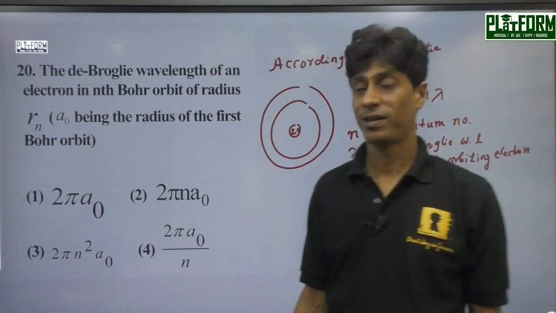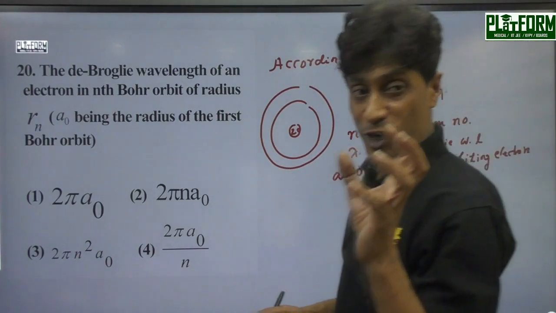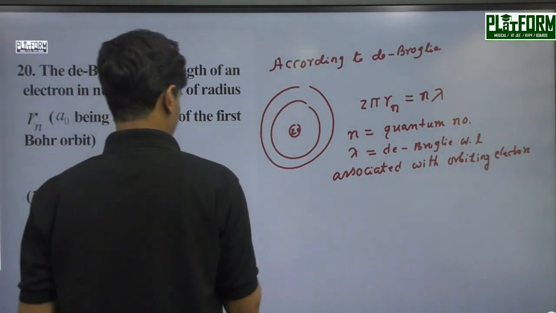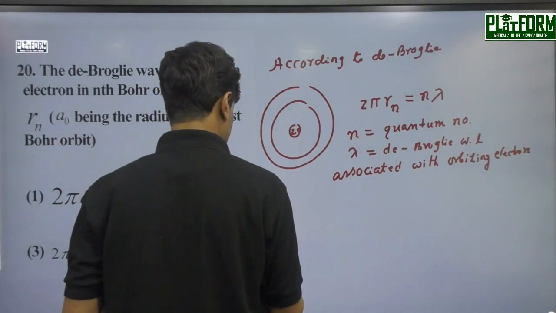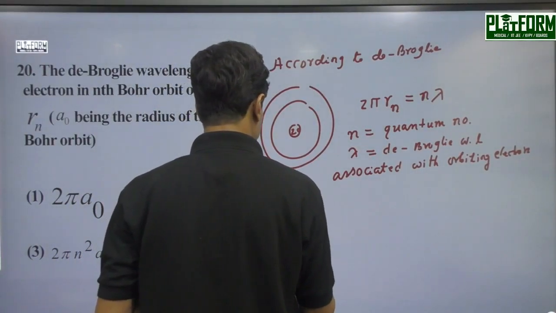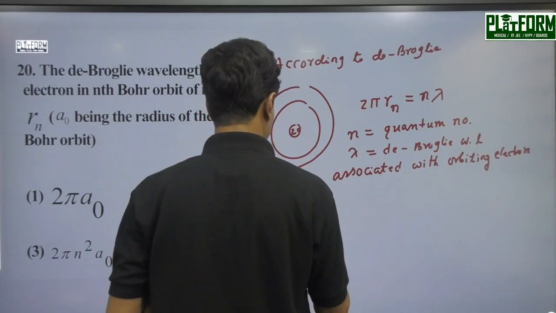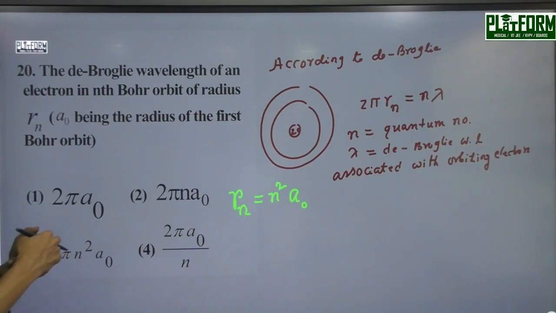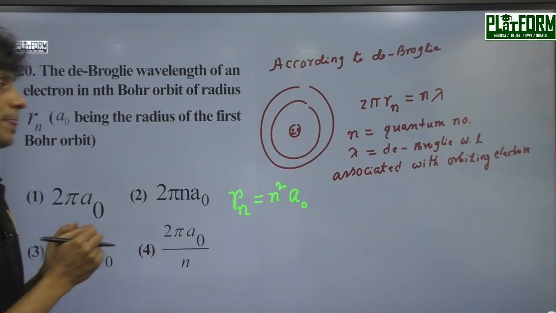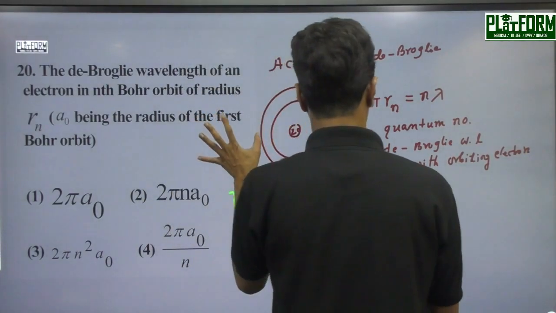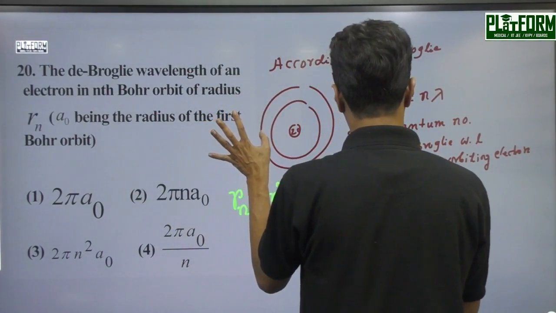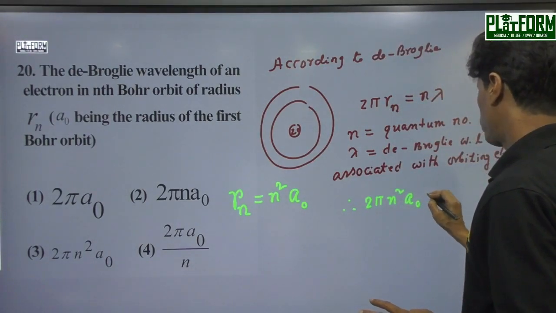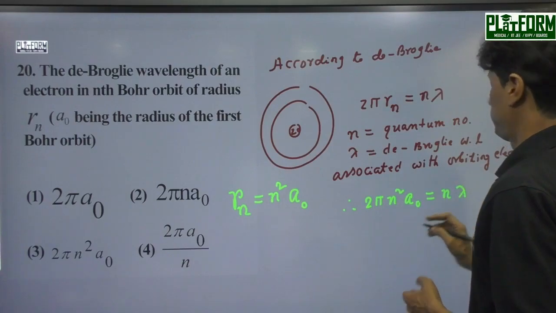Okay, and from Bohr atomic structure, the radius of any orbit is equal to n square a naught. A naught is the radius of the first Bohr orbit. So putting here, twice pi n square a naught equal to n lambda.